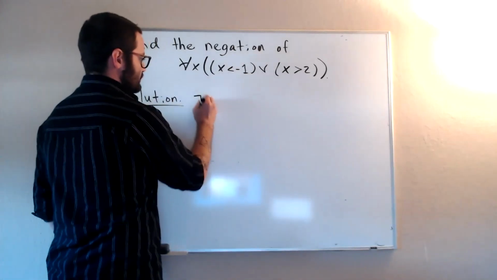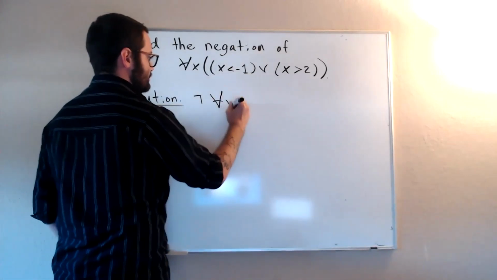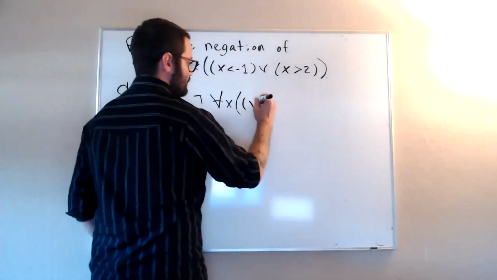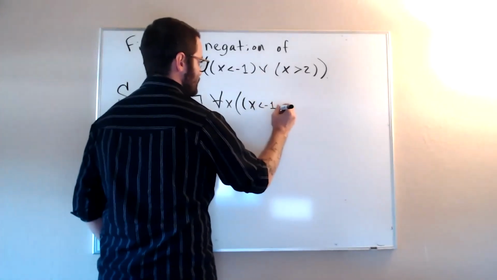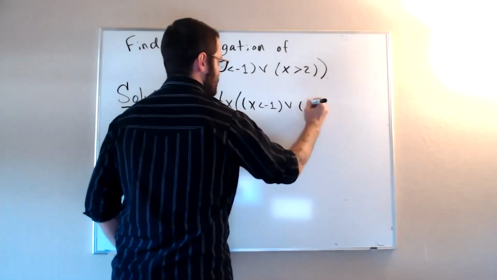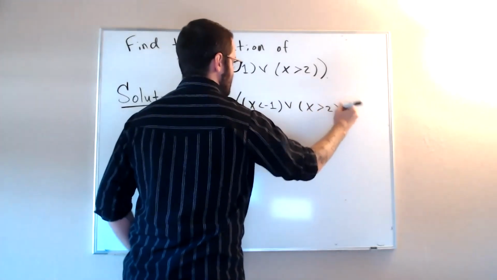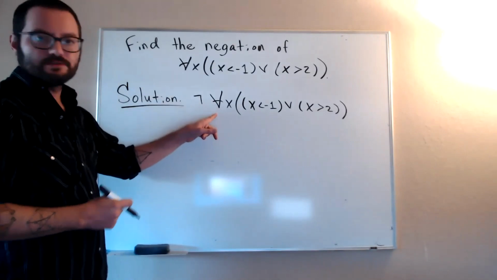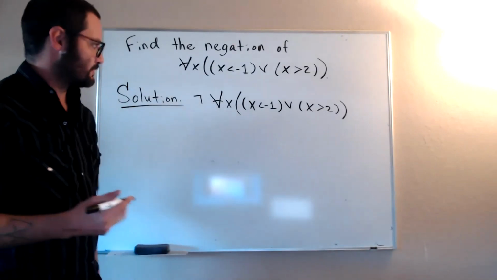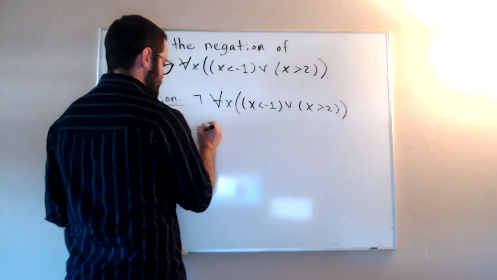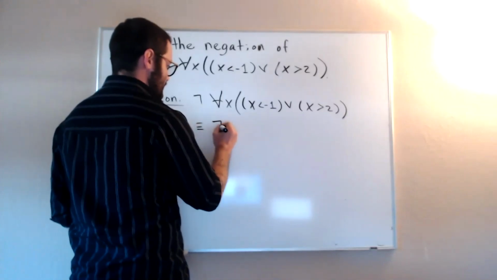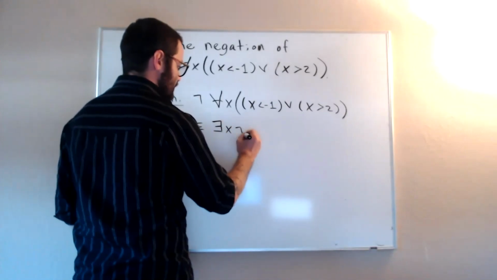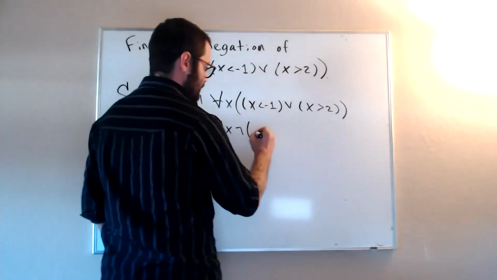So let's go ahead and negate this. If you recall, when you negate the universal quantifier, you get the existential quantifier. So this is going to be logically equivalent to there exists x, and then you negate the compound proposition.